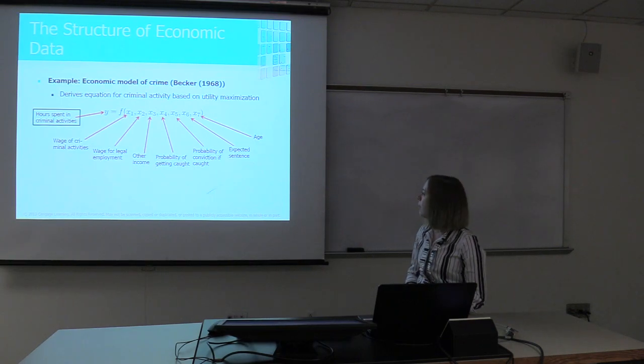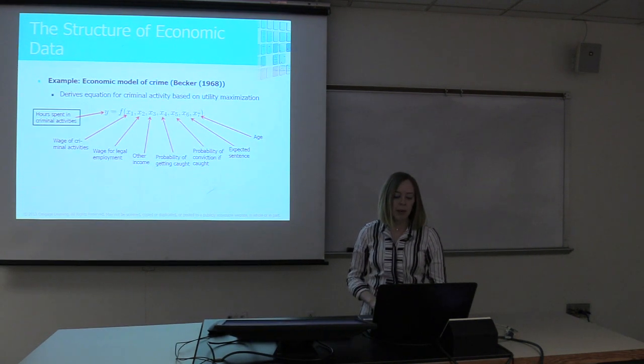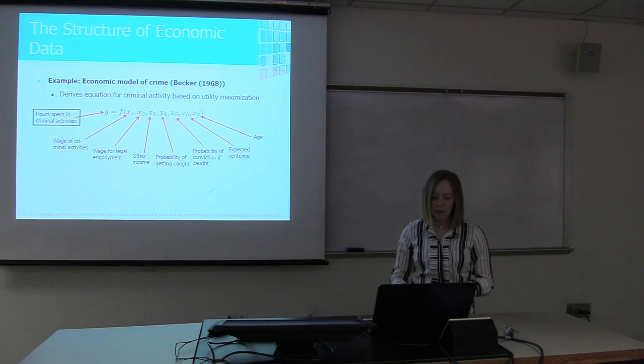Another one that might influence the hours spent in crime is how much you can make from legal employment. If you can make the same amount of money in a day from going to your job as robbing a bank, you're probably just going to go to your job, but that's rarely true. So that's going to influence it as well. Any other income that you have, your probability of getting caught.